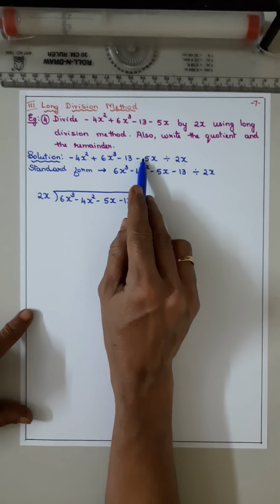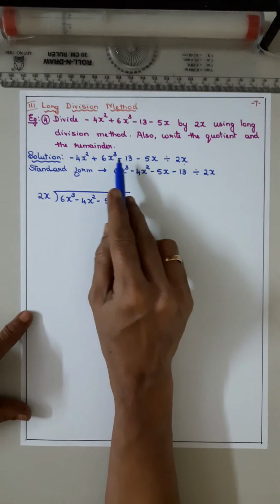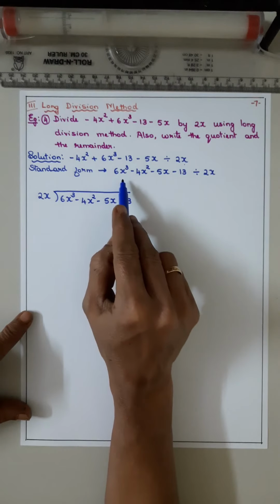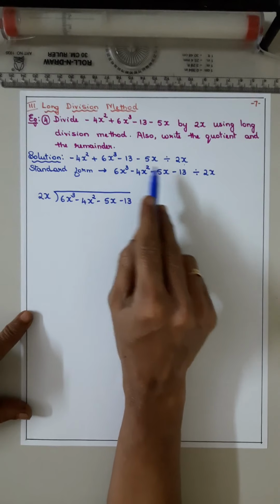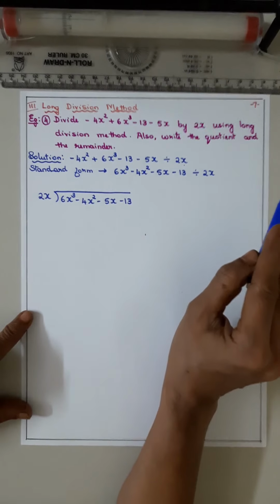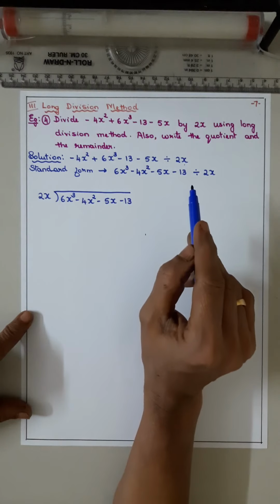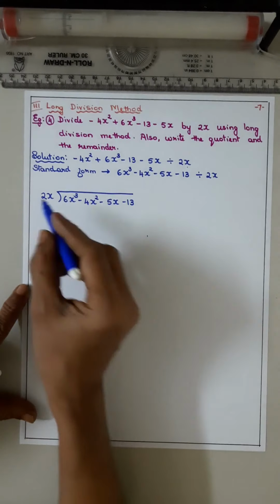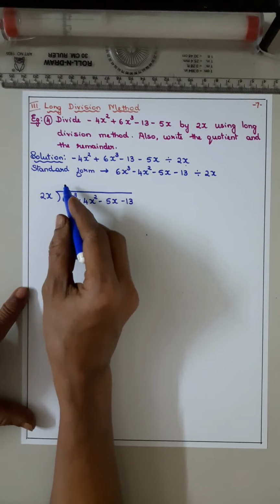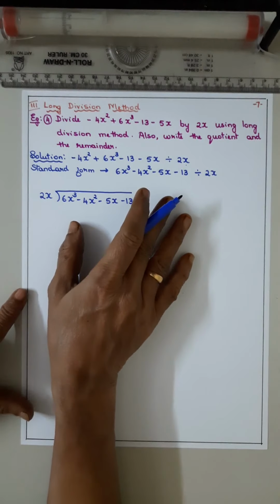No. So first of all, you have to convert it into the standard form. So first you have to write 6x cube minus 4x squared minus 5x minus 13 divided by 2x. Then put the long division symbol like this. 2 times how much is 6? Please understand it properly.